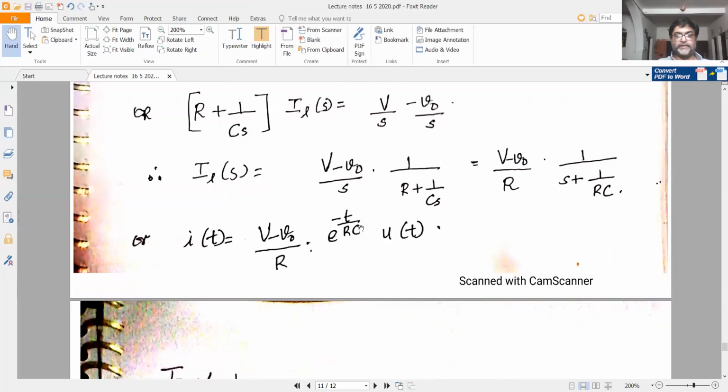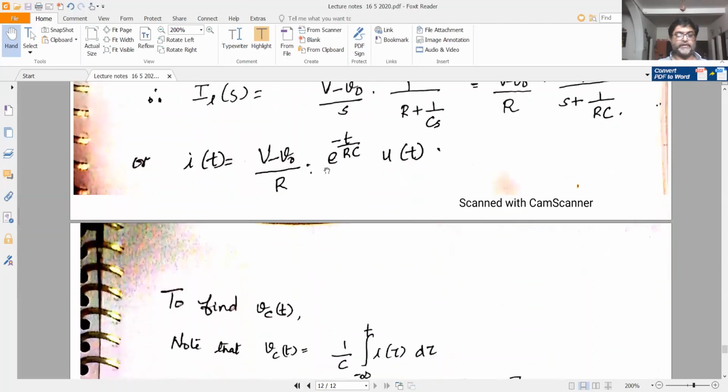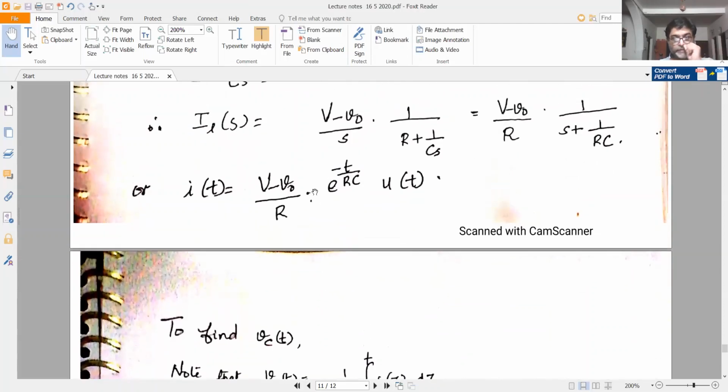At t equal to 0, e raised to minus t by RC is equal to 1, so the initial surge current would be (V minus V0) by R. And you see that this initial surge current decreases as t increases. So if you plot I of t, it would be exponentially decreasing.